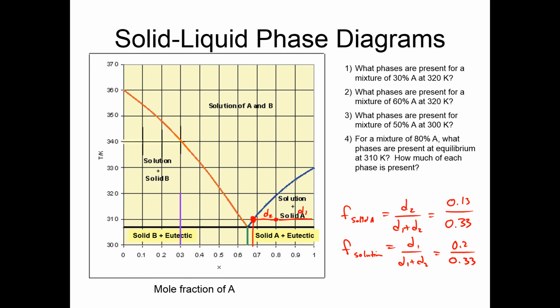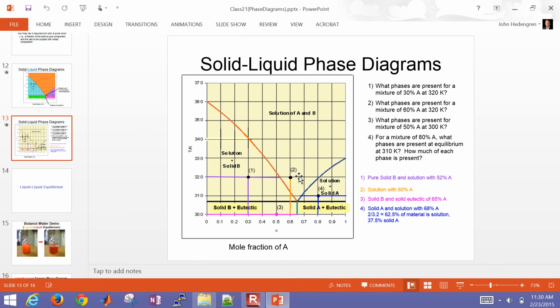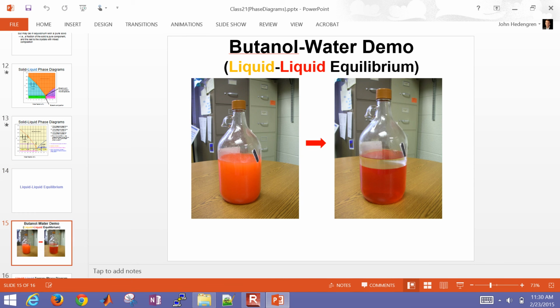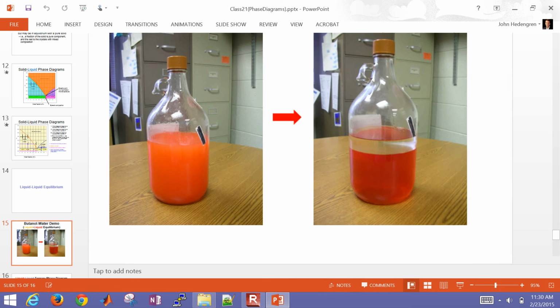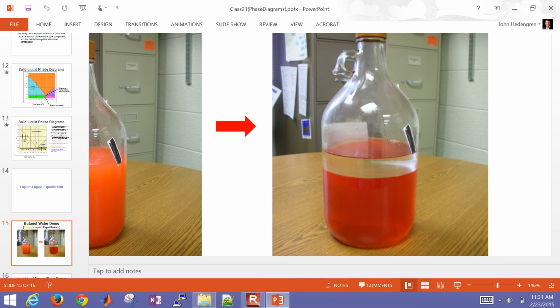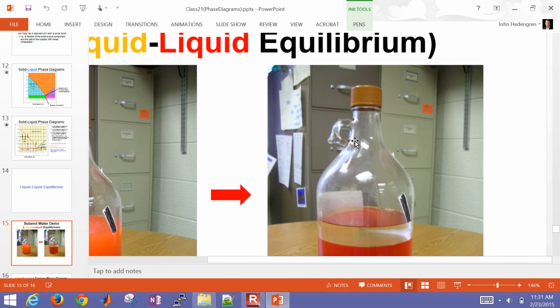Let's go on to a three-phase diagram as well. So I've got liquid-liquid equilibrium. I want to show you first a butanol water demo, just to show the liquid-liquid equilibrium. Here I have the water and the butanol.